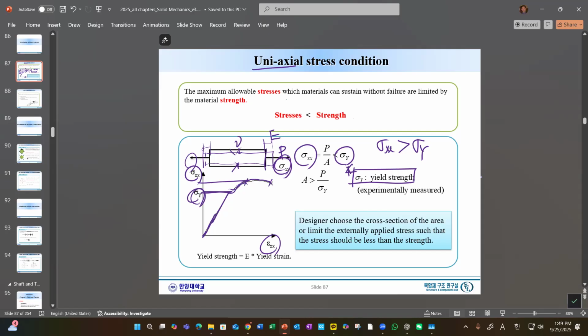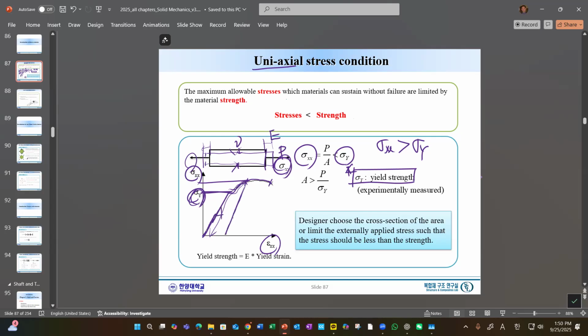But what will happen after this yield is an unloading situation. Unloading means that this guy on unloading would not follow this path. This would be desired, but it's not like that. Unloading will go like this.